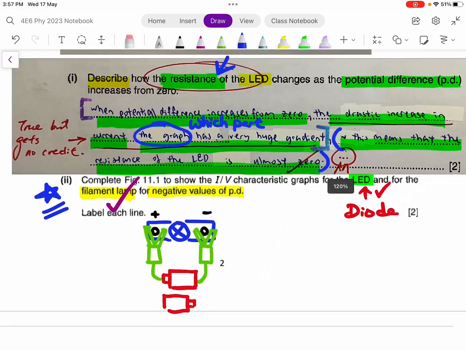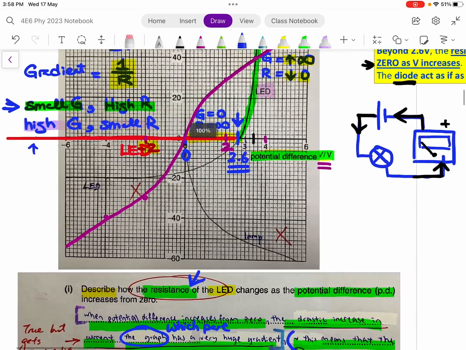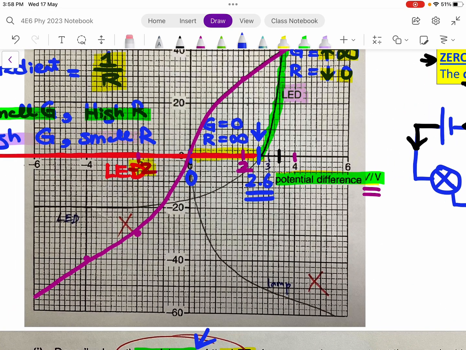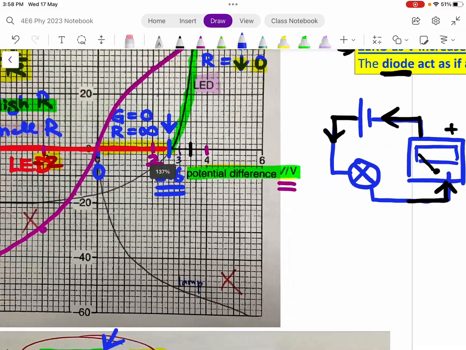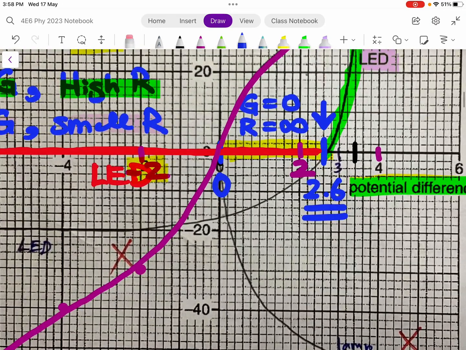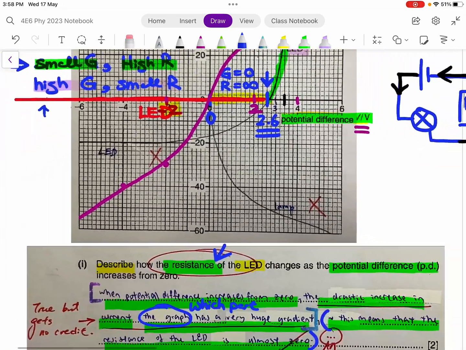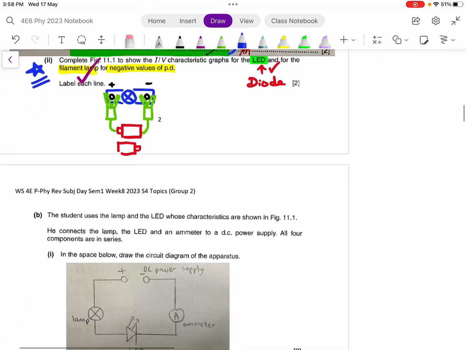Positive or negative, both will work. If I have a negative voltage, will I get a negative current? Yes, of course you will get a negative current. Because when your voltage changes polarity, the direction of the current will also flip, correct or not? So that's why if you put negative 2 volts, you are going to get a negative current. At least you can learn something, right?